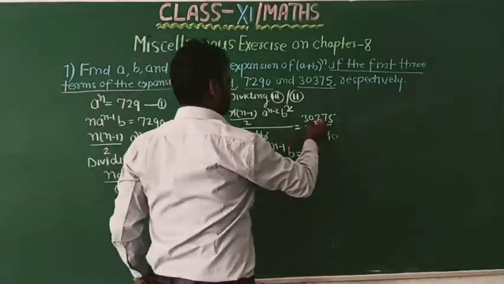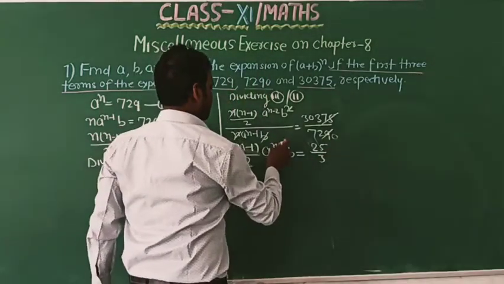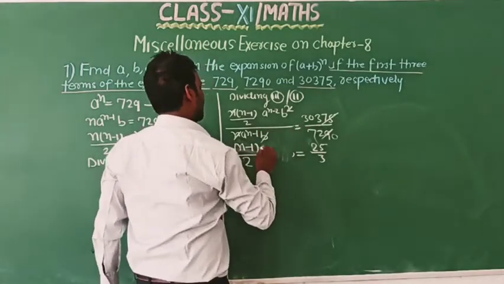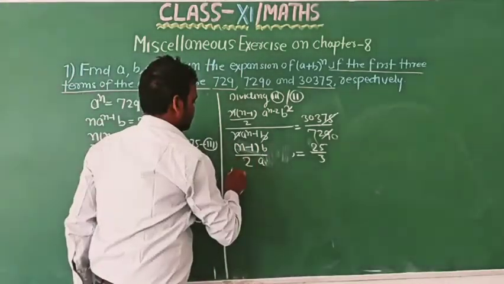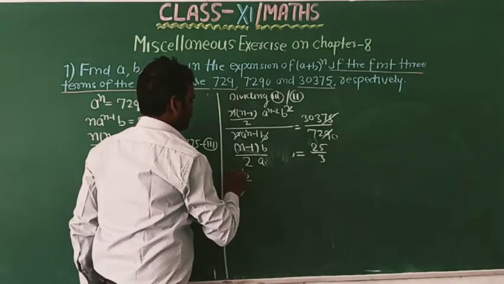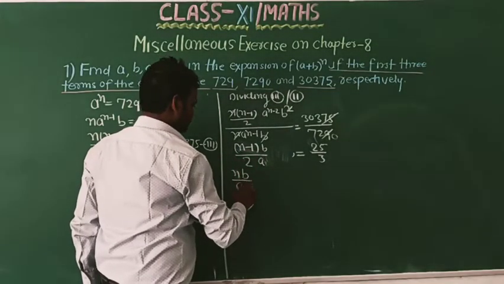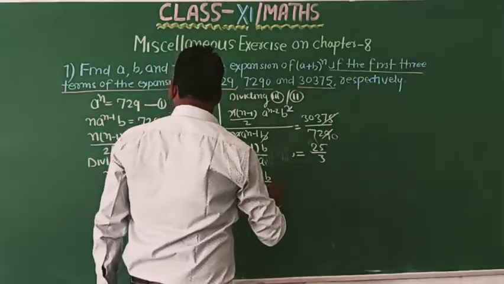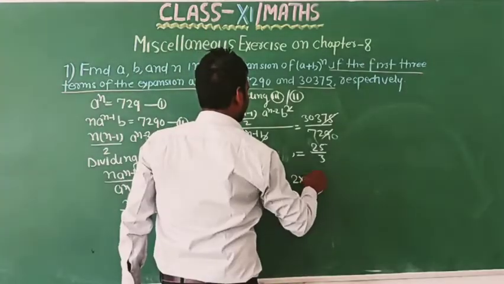Now simplify this, so we will get 25 by 3, and this is (n minus 1) b by a. So this is written as nb by a minus b by a equal to 2 into 25 by 3.